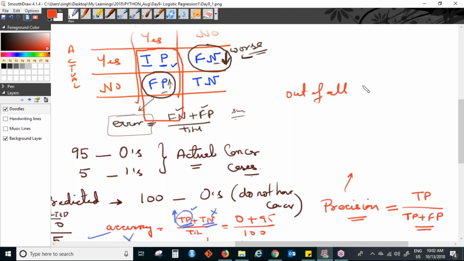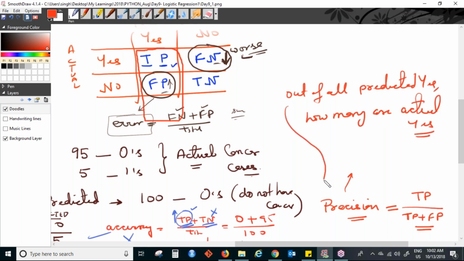All predicted yes. So out of all predicted yes, how many are actual yes? This is the interpretation of precision. This will put a check on whether you are predicting yes unnecessarily, or whether whatever you are predicting is actually a yes, so that you are not able to predict everybody as yes.